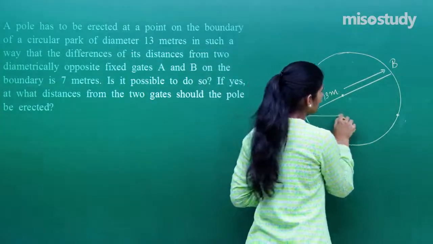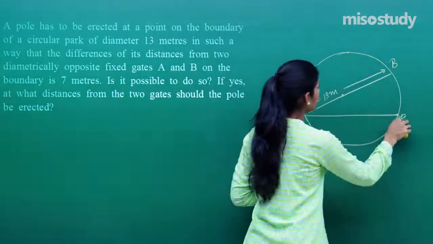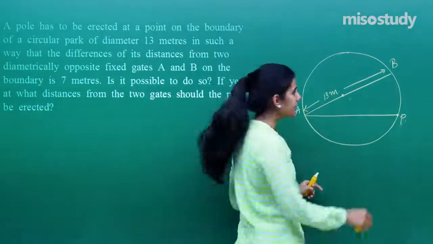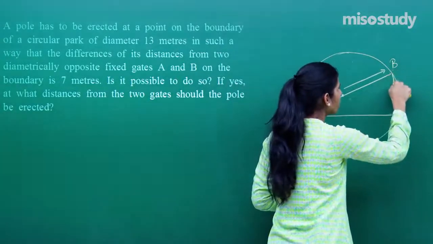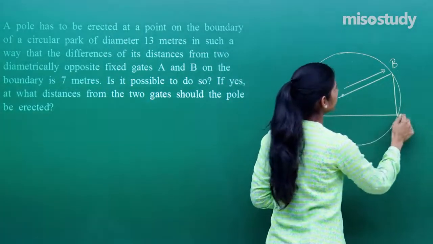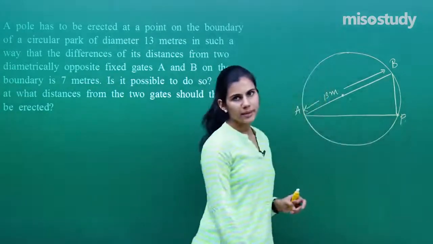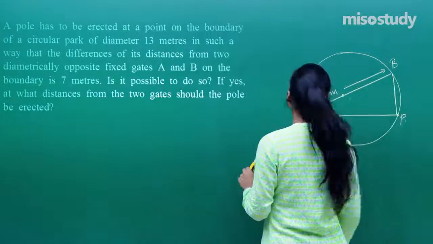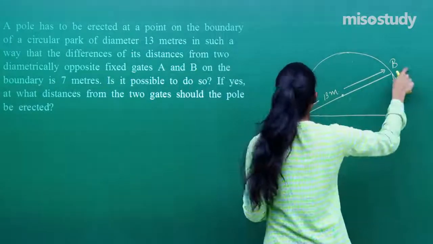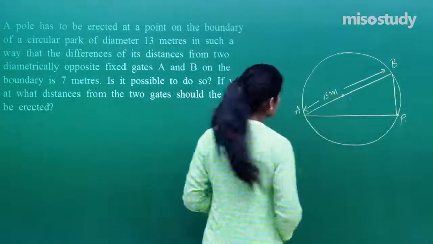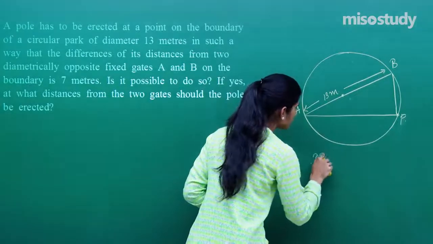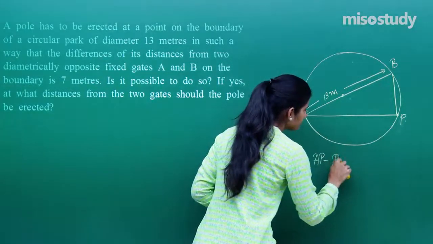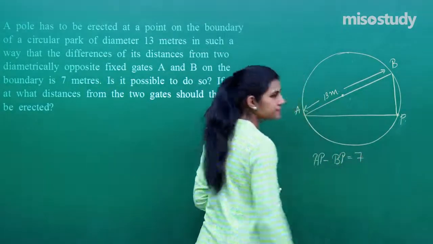You measure the distance between the pole and the first gate, and between the pole and the second gate. You measure PA and you measure PB. It is given that the difference of this pole's distance from A and B is 7 meters. So it is trying to say AP minus BP is 7.